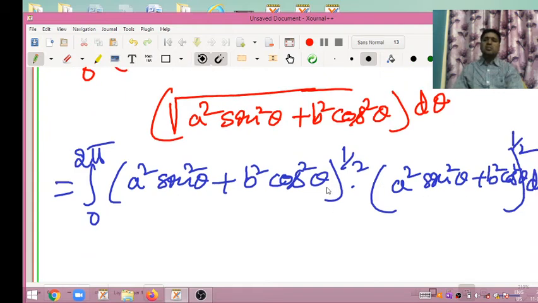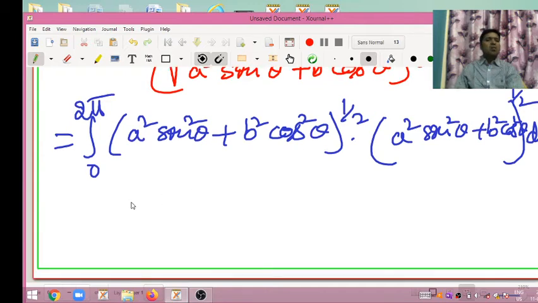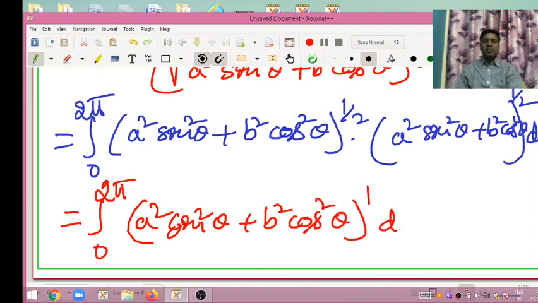We all know that for the same base, powers should be added. So 1/2 plus 1/2, how much? 1. So integral 0 to 2π of (a² sin²θ + b² cos²θ) power 1 into dθ, my dear friends. This value we want to evaluate.